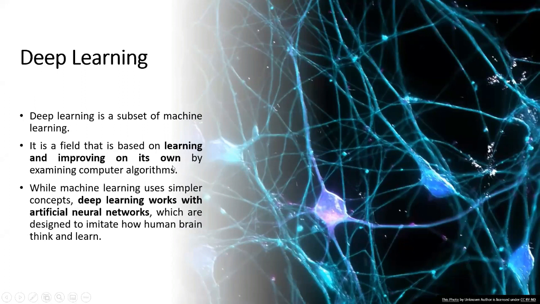So we will create the model with deep learning, and it can be applied on similar unseen data at any time. It has more neural layers. Machine learning uses simpler concepts, while deep learning works with artificial neural networks, which are designed to imitate how the human brain thinks and learns.